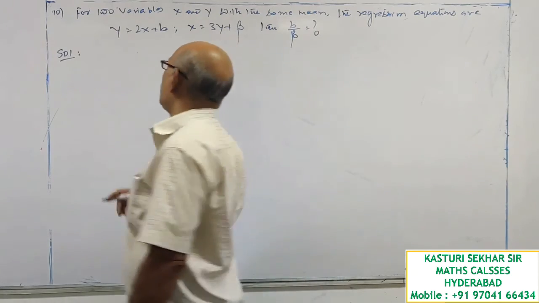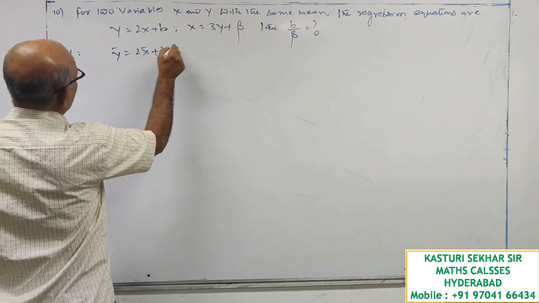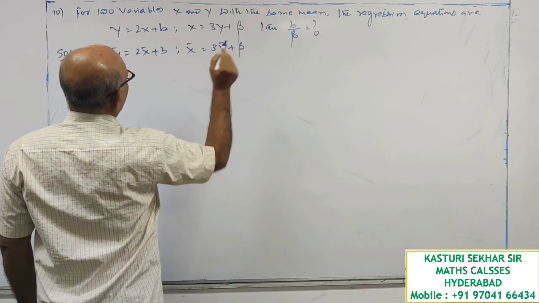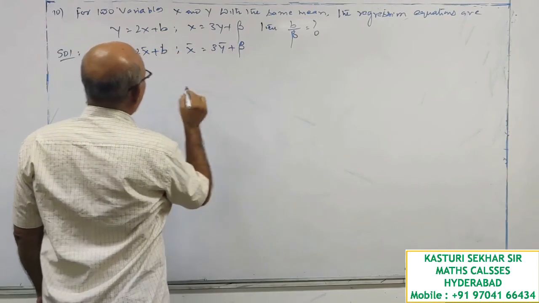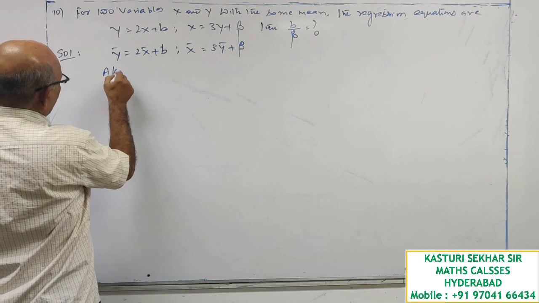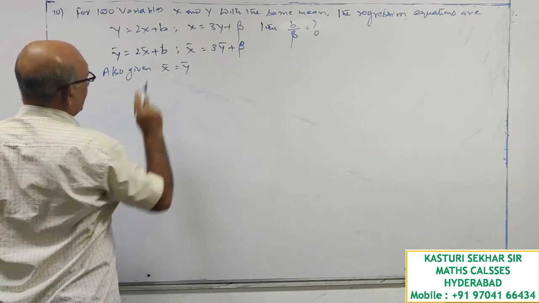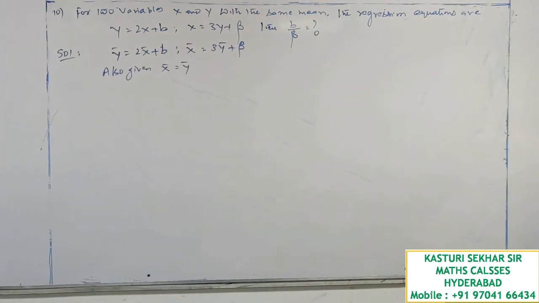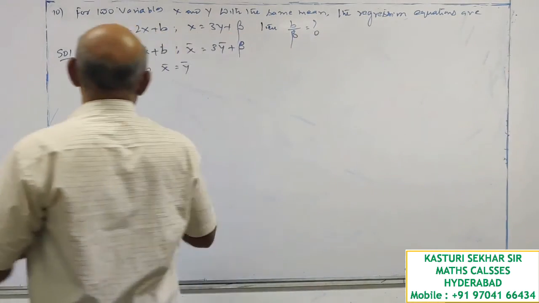Therefore, the given two lines can be written as y bar is equal to 2 into x bar plus b, x bar is equal to 3 into y bar plus beta. Also given, x bar is equal to y bar.